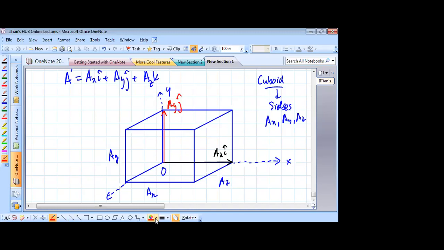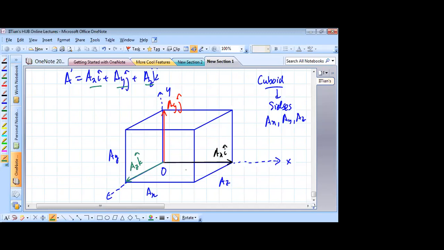And what would be a vector az k cap? That would be this. So each of the edges from the origin with a proper direction towards the vertex on each of the axis becomes each of the individual vectors ax i cap, ay j cap, and az k cap.